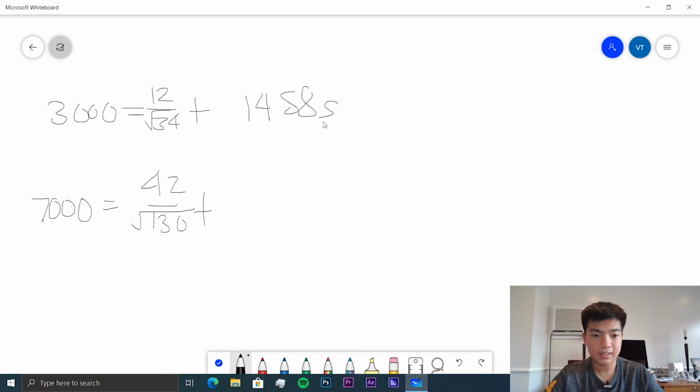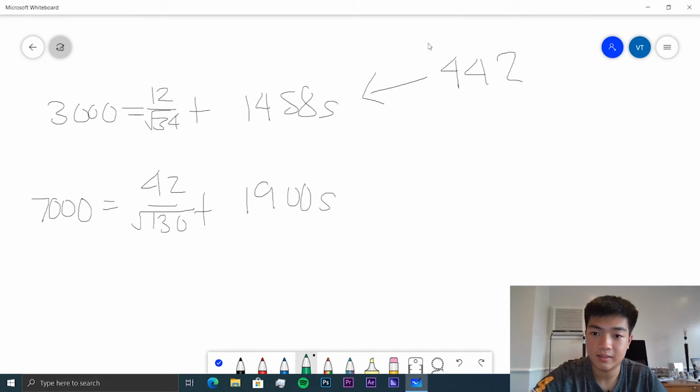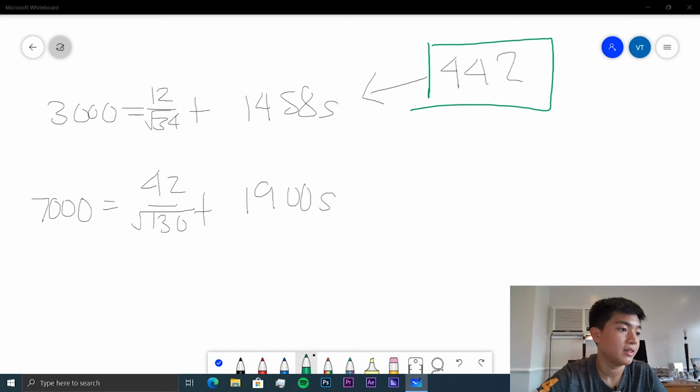And 7,000 times square root 130 divided by 42 is equal to 1,900 seconds. So we get that Adrienne will be there around 442 seconds faster, which is actually not a lot. These boats are quite fast.